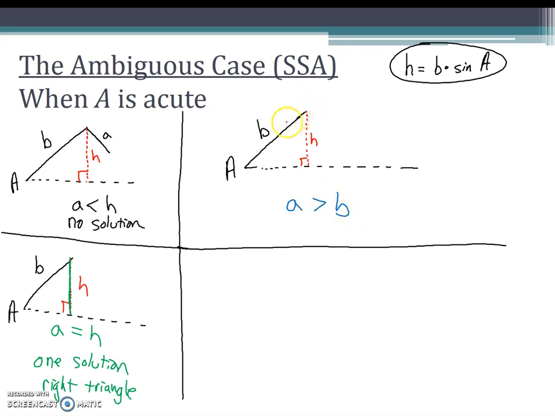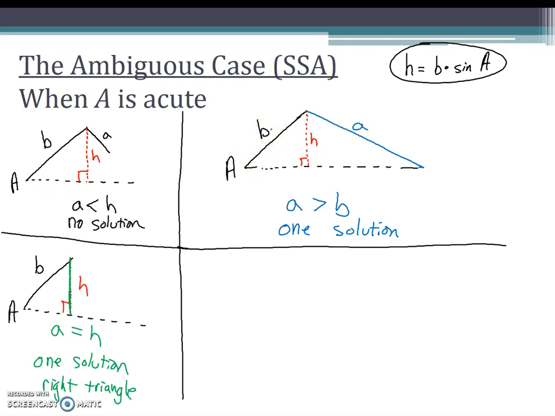If a were longer than b, it would have to come out here. That would make this not an acute angle. So therefore, little a would have to exist over here, again, making only one solution. So if little a is longer than little b, there's only one solution.